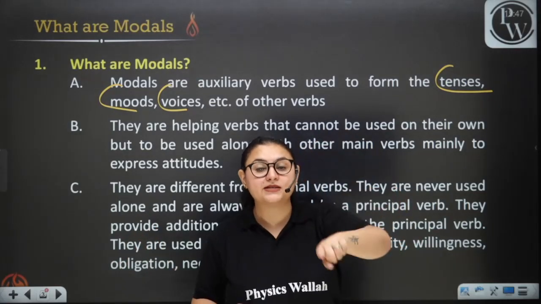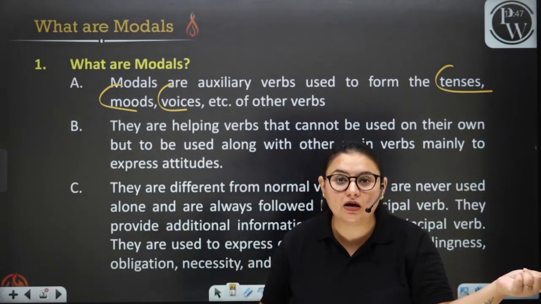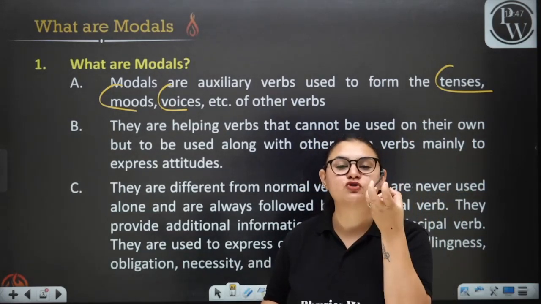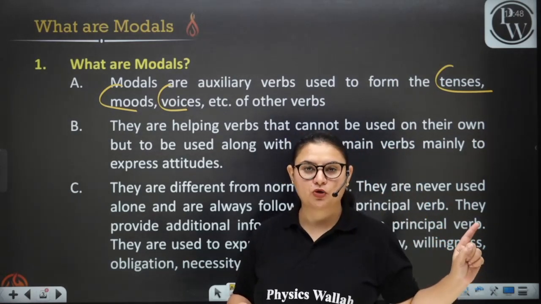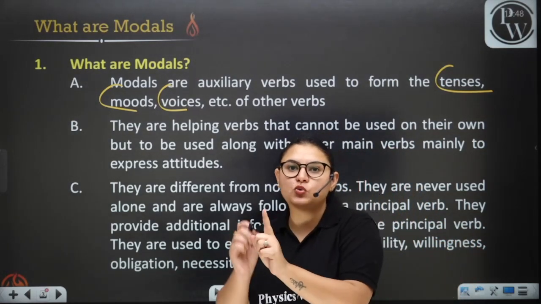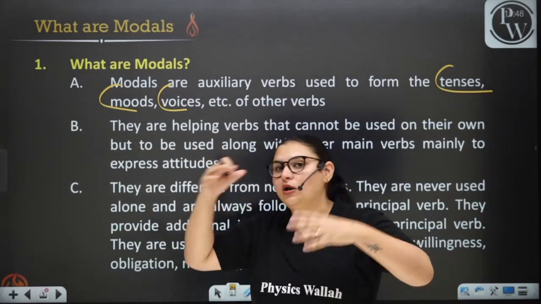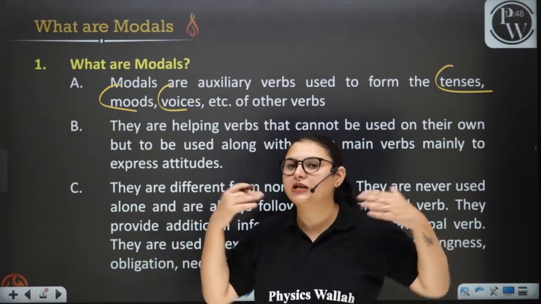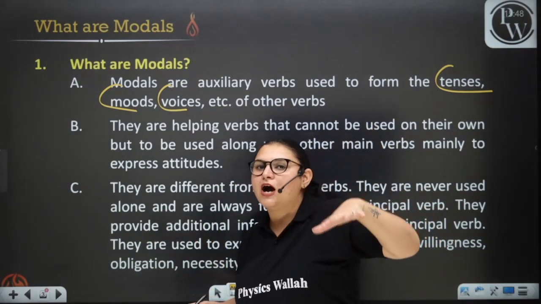It depends on the attitude of the speaker, which modal you have to use. And for that, we must know the usage. Where you use a particular modal changes the whole meaning of the answer, and today we are going to learn it.